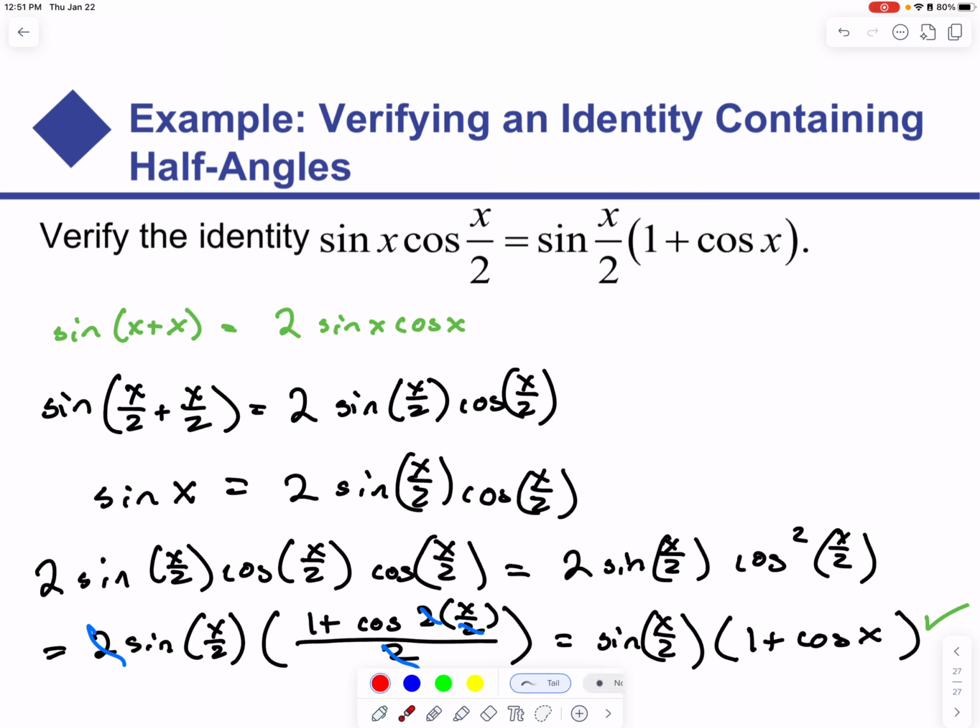All right. So the hint that we started with was replace x with x over 2 in the double angle formula, right? So first we started with the double angle formula for sine. Sine of 2x is ultimately going to be 2 sine x cosine x, okay? So then what we did, we replaced the x with x over 2.